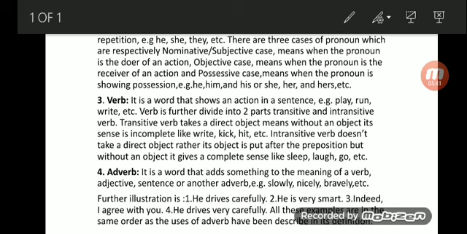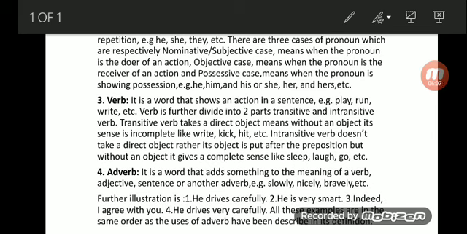Means the first sentence is showing adverb as adding something to the meaning of a verb. The second example is showing adverb as adding something to the meaning of an adjective.